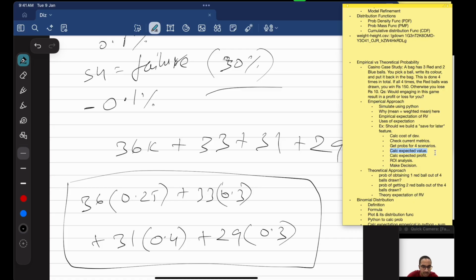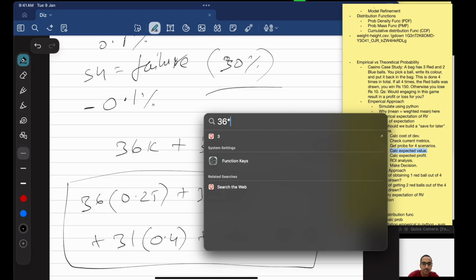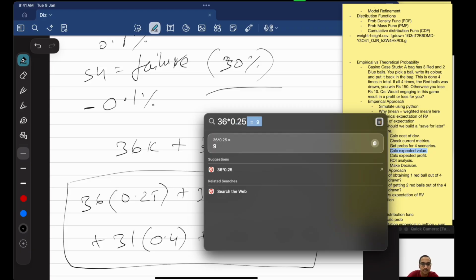Let me just sum this. So 36 times 0.25 plus 33 times 0.3 plus 31 times 0.4 plus 29 times 0.3. So that will give us around 40.